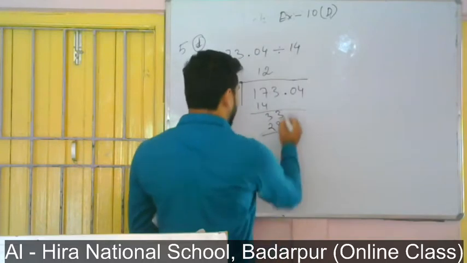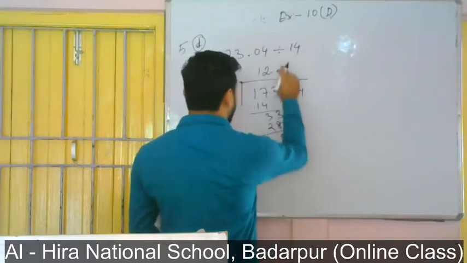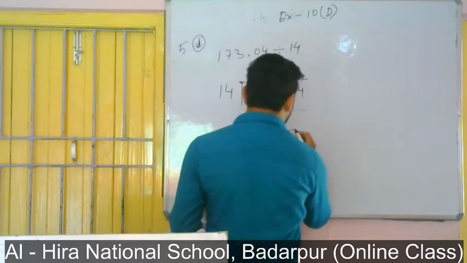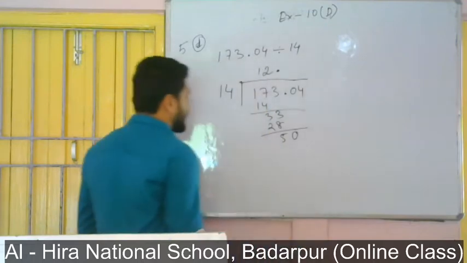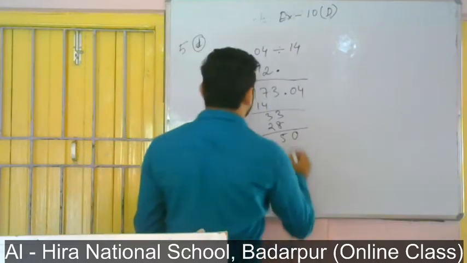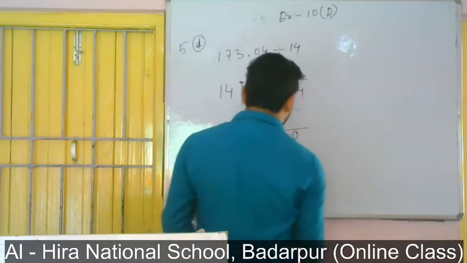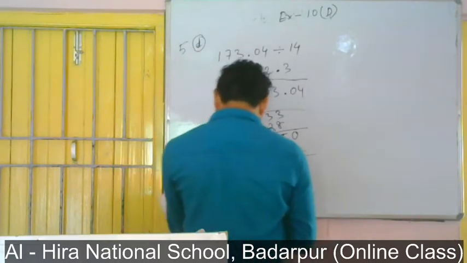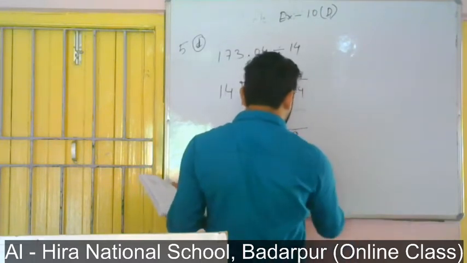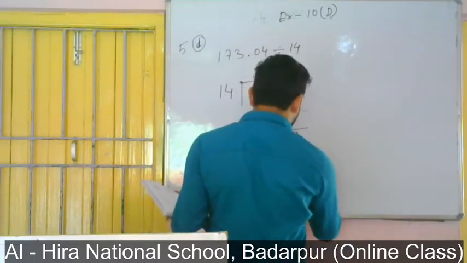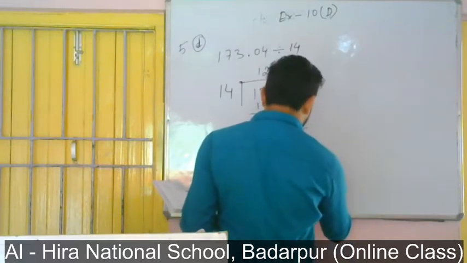Okay, after that we are getting point, so we will put point. Now we will take 0. Okay, then 42. Okay, now if I take, then here remain what, 8 and here 4.